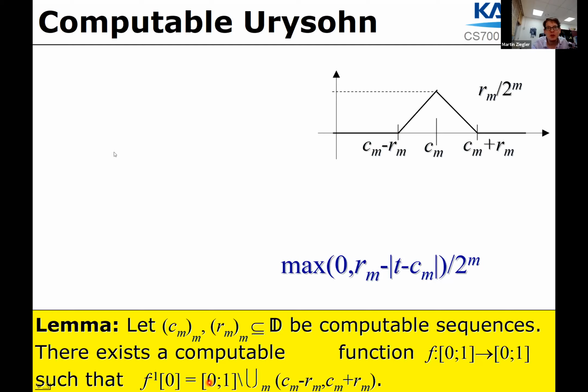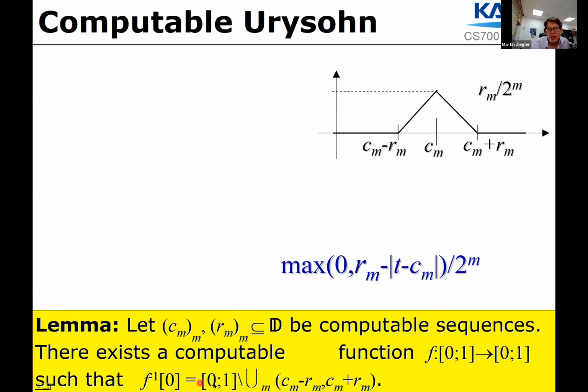And I call this a computable Urysohn lemma because Urysohn's lemma, which you may know from set-theoretic topology, says that there exists a function to every closed set. There exists a function which is 0 precisely on that closed set and positive outside of that closed set. And this is exactly what we have here.